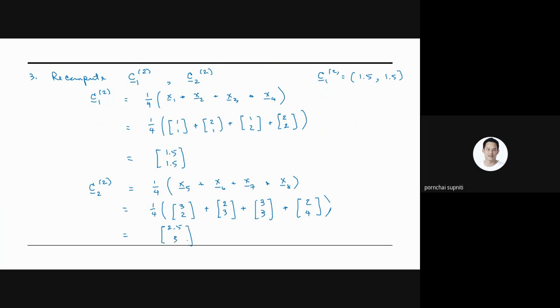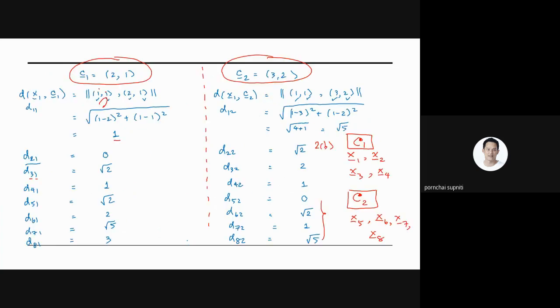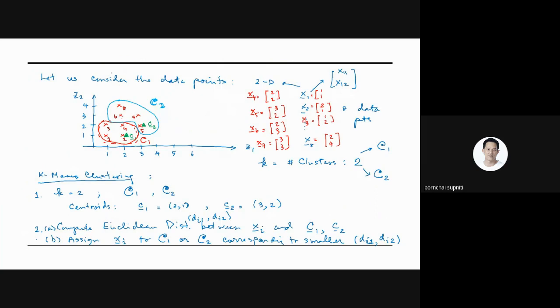So during the next iteration, if you go back to the previous page, C1 iteration 2 is now moved to 1.5, 1.5. Let me use the green color. So now the centroid is moved here to the center. This is C1, iteration 2. So it's moved.